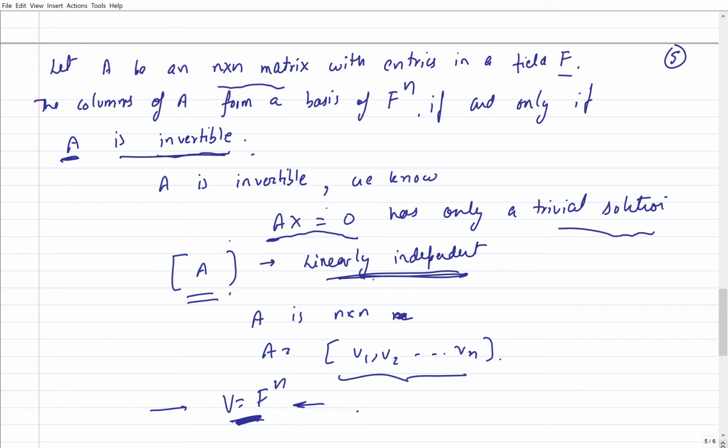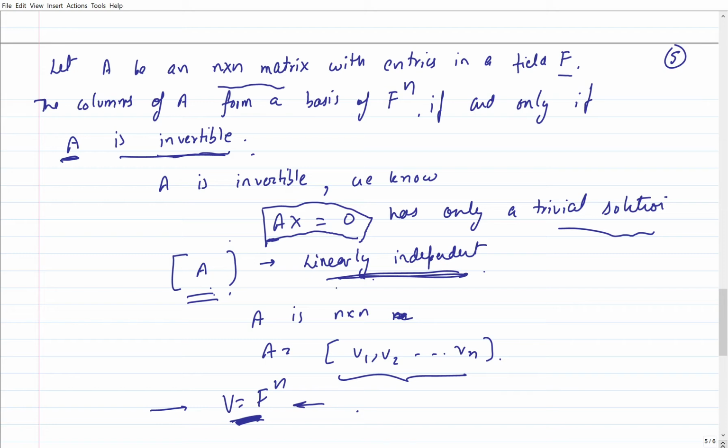So this equation has only the trivial solution if the columns of A are linearly independent, and we also know that will happen if and only if A is an invertible matrix. So that's a connection between linear independence and being an invertible matrix.